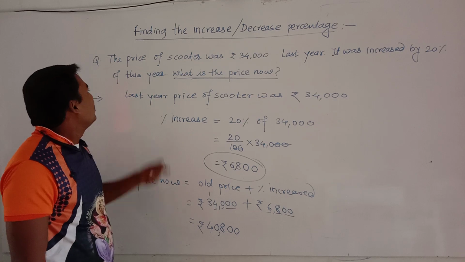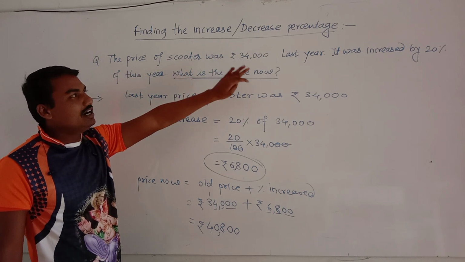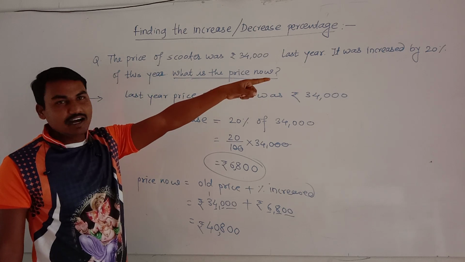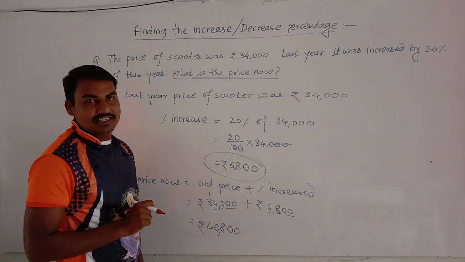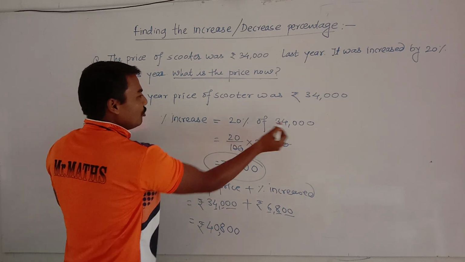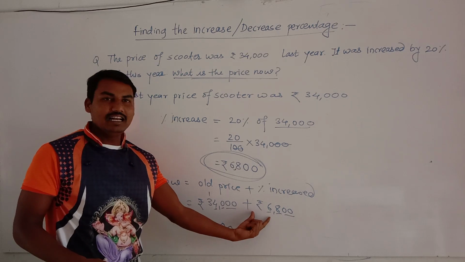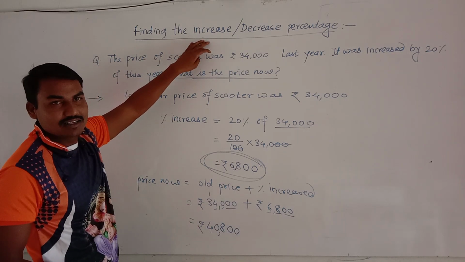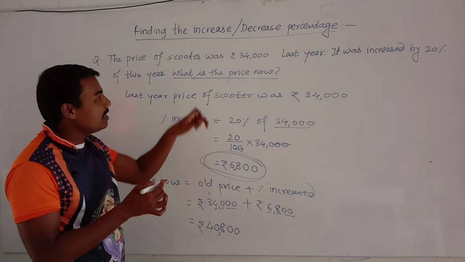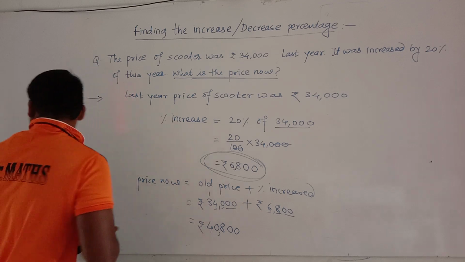The price of the scooter was rupees 34,000, but it was increased by 20%. इसमें 20% प्राइस इंक्रीज किया है. So 20% of the original price is that much, and we have to just add it to the original price, which is nothing but the price increased. Understood?